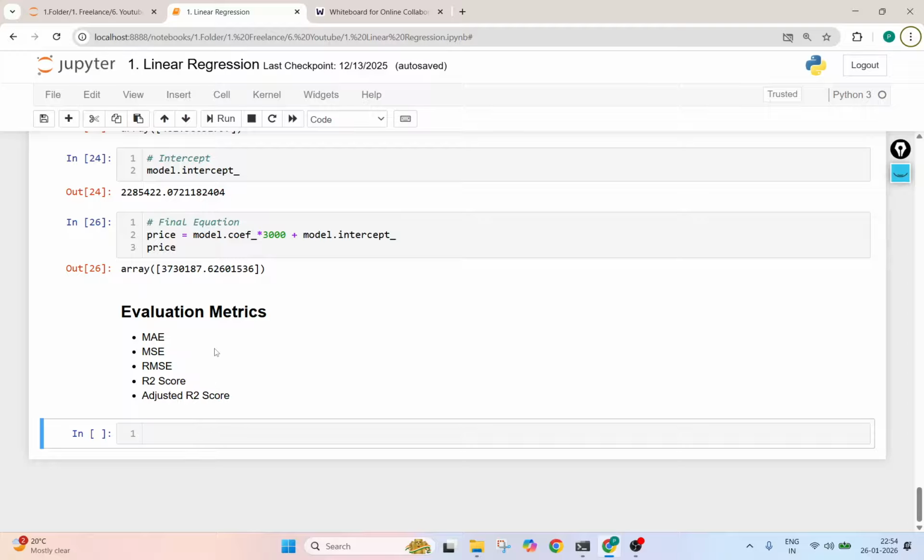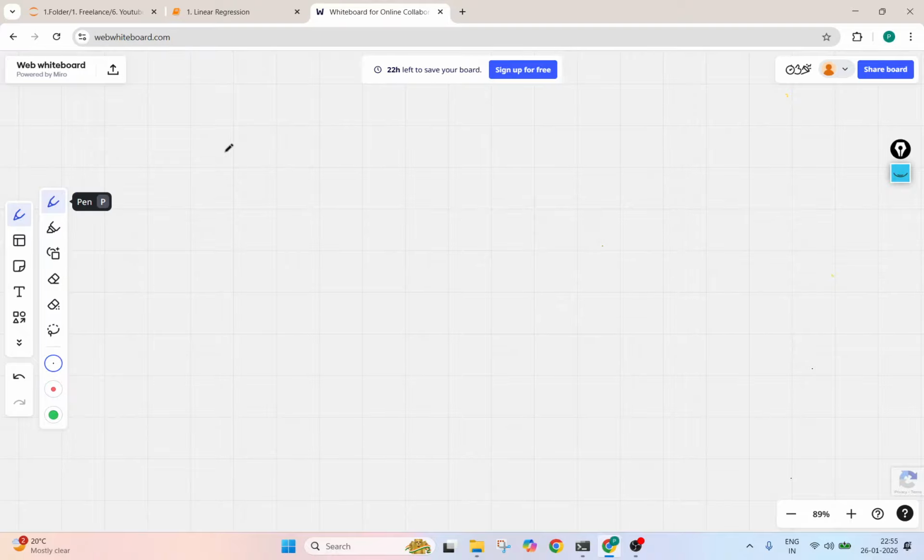But even before going to these evaluation metrics, let's first understand what the error is and what we are trying to gauge over here, right? So let us go back to our whiteboard.